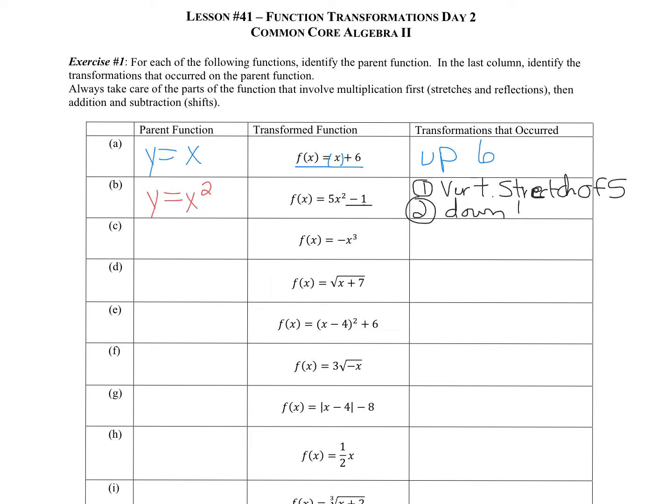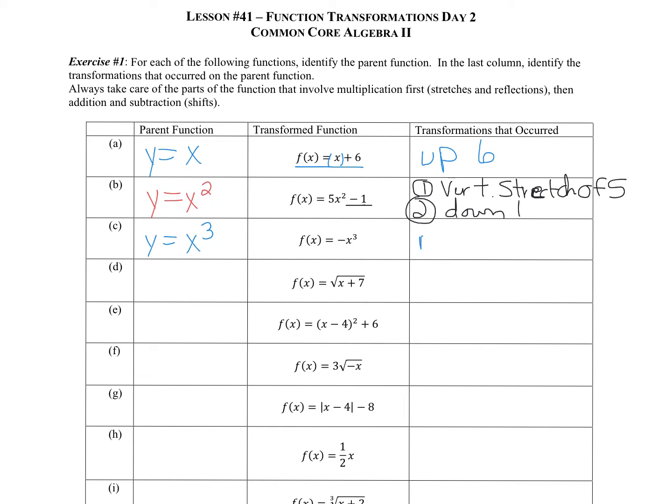The next one is a cubic parent function. So that's x cubed. There's only one transformation. I'm going to say that negative sign is in the front where we see it. It's not in parentheses. So that's making the function negative, not in parentheses with the x.